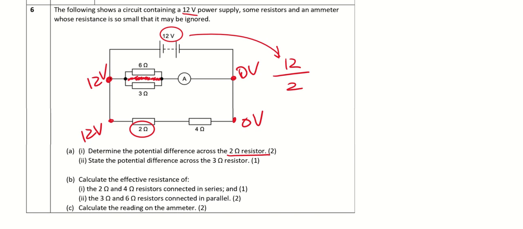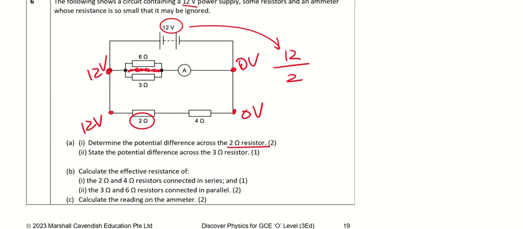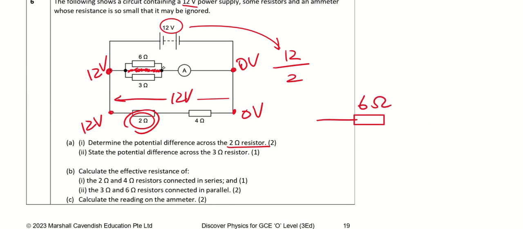So this potential difference of 12 volts is not just for the 2 ohm. It's for both the 2 ohm and 4 ohm, because in series the potential difference is the sum. Therefore I need to add up the resistors and make it into a 6 ohm resistor.